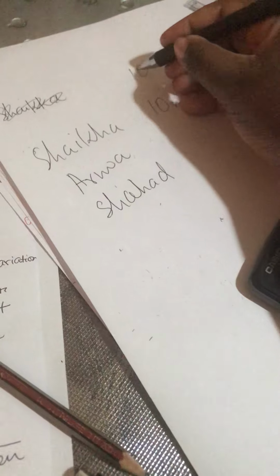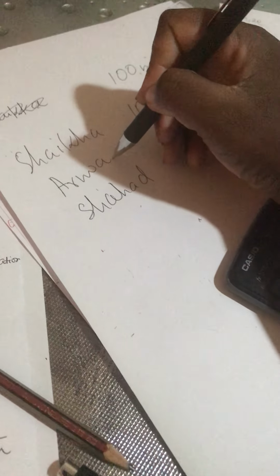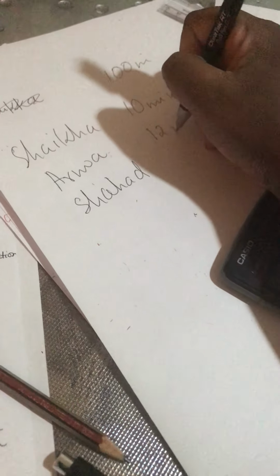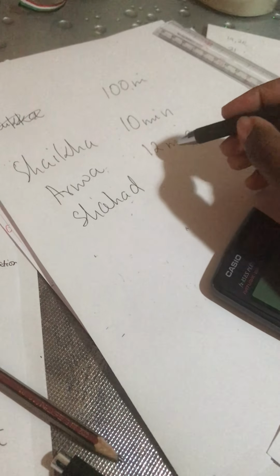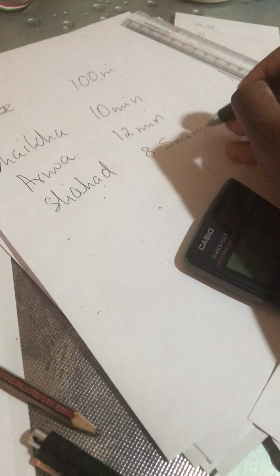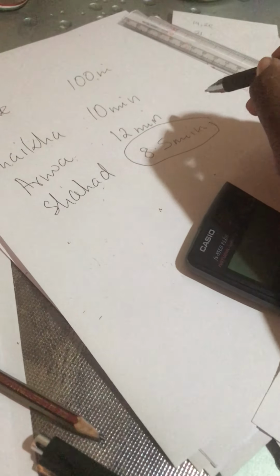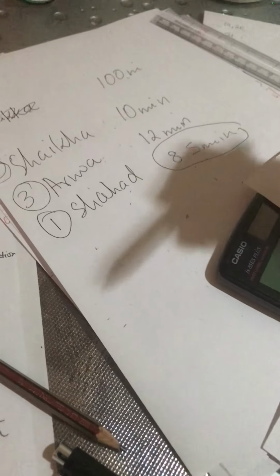We are running 100 meters. Shaker runs 100 meters in 10 minutes. Arwa runs 100 meters in 12 minutes. And Shahad runs 100 meters in 8.5 minutes. Shahad is winning the race because she used less time. So number 1 will be Shahad. Number 2 will be Shaker. Number 3 will be Arwa. The less time, the faster you are. Okay?